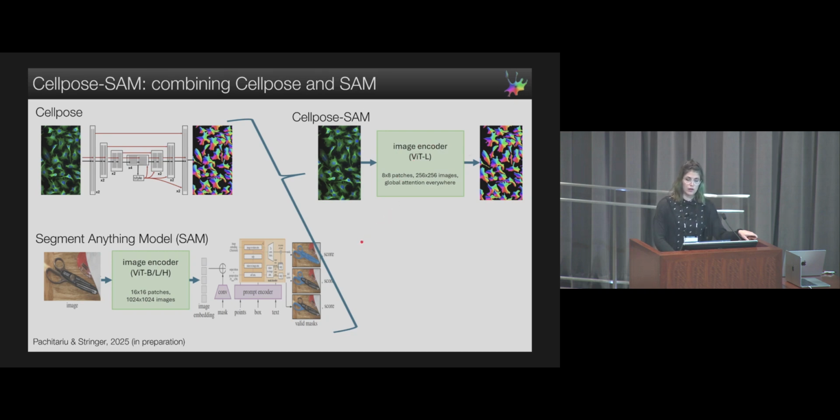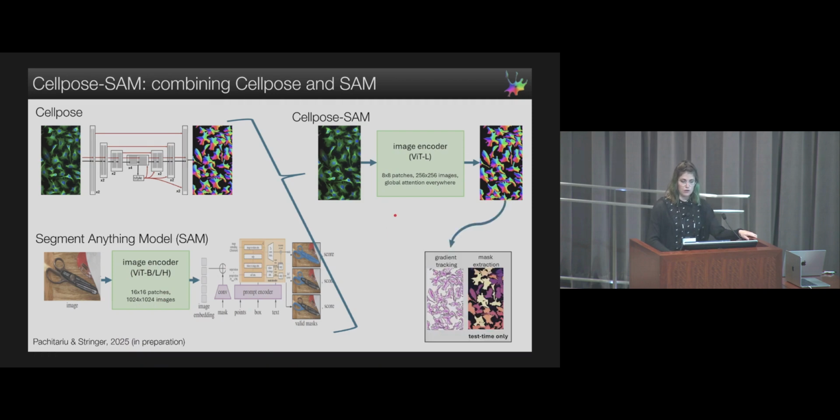We also modify the image encoder a bit, so we run on 256 by 256 images rather than 1024 by 1024 images. We also run on 8 by 8 patches instead of 16 by 16 patches. And then after this image encoder predicts the flows, we have our post-processing steps as well, the gradient tracking and the mask extraction, like before.